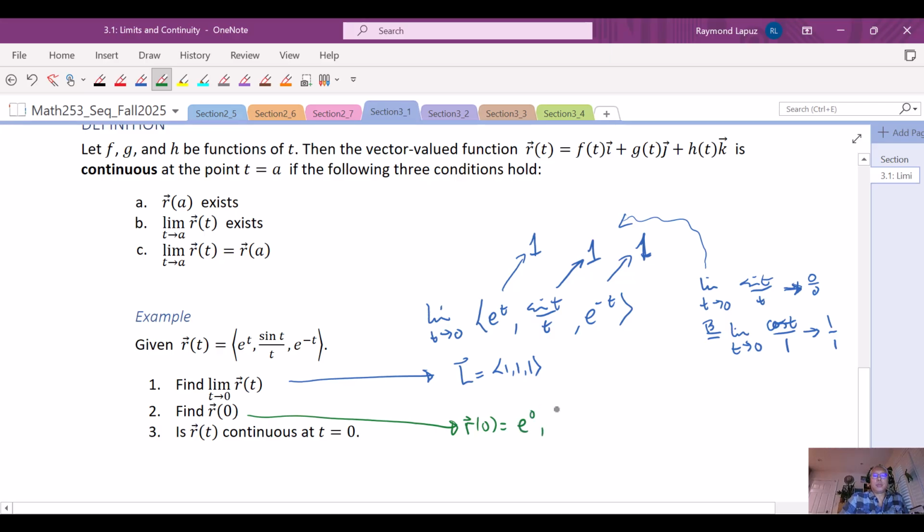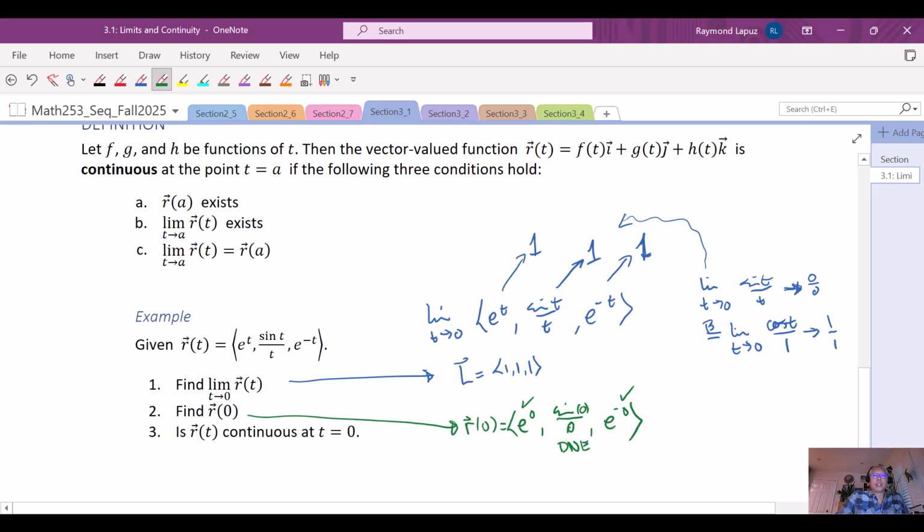Now this is going to be an issue because sine of 0 over 0, we saw that that didn't exist. We have a 0 in the denominator. So that's not going to work out. So the first and third components are okay. This does not exist here in the middle component.